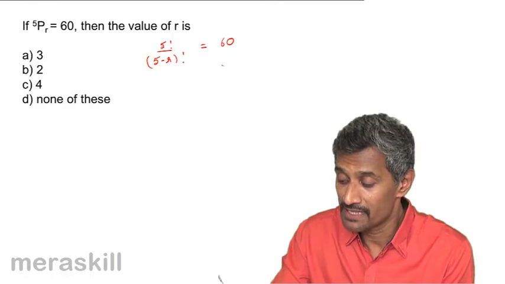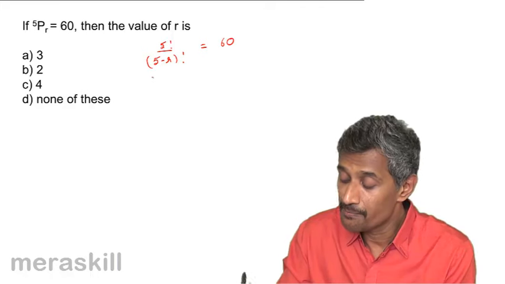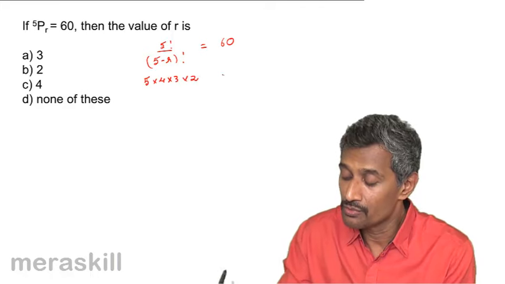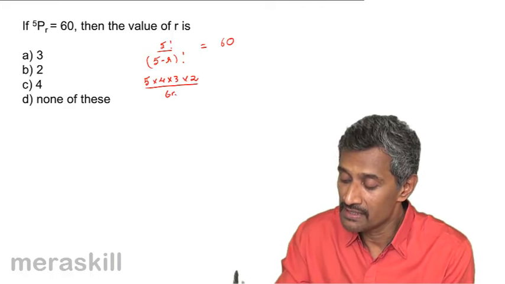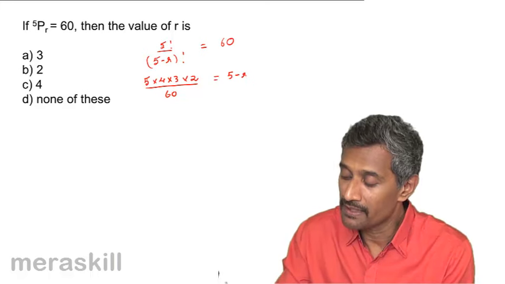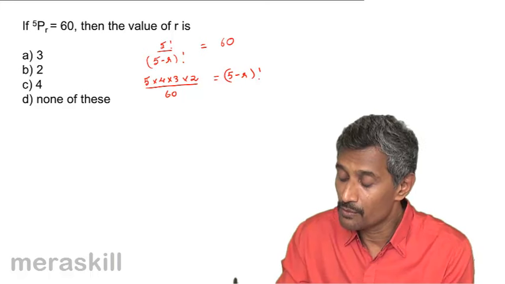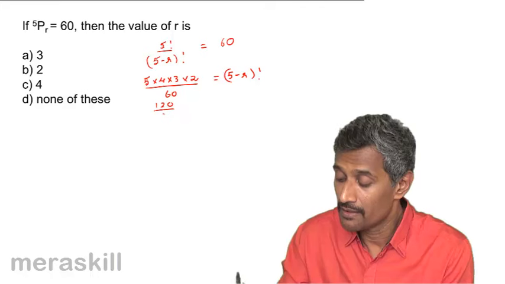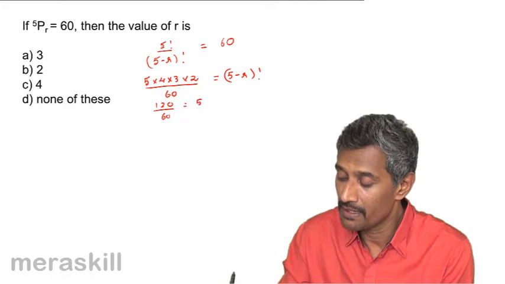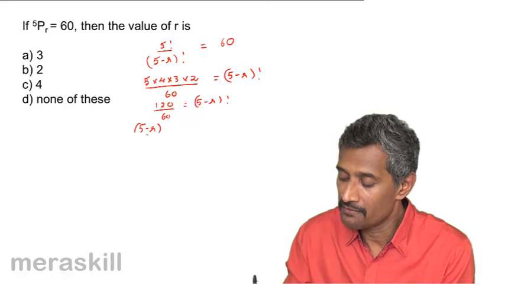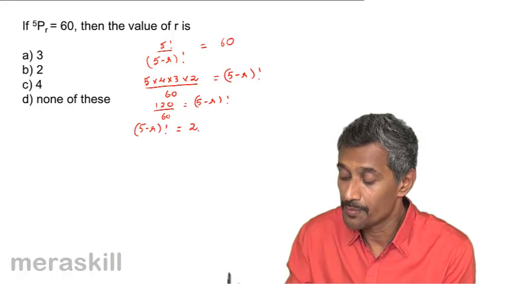So what we can do is 5 into 4 into 3 into 2 upon 60 is equal to (5 minus R) factorial, which is the same as 5 4s are 20. So this is going to be 120 by 60 is (5 minus R) factorial. In other words, (5 minus R) factorial is 2.